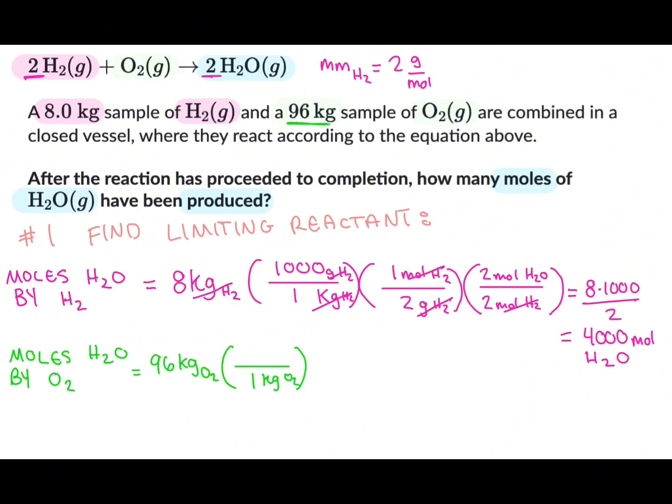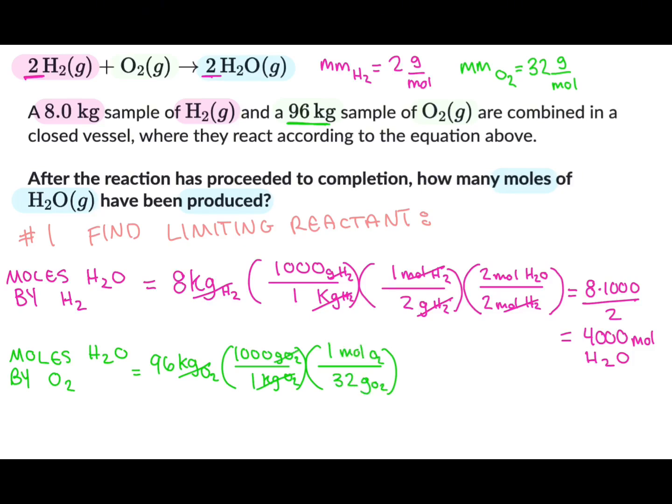Cancel the units and then multiply by the conversion ratio from the molar mass of O2, which is 2 times the molar mass of oxygen, which is equal to 32 grams per mole. And our grams go on the bottom, so they cancel, and we're left with moles of O2.